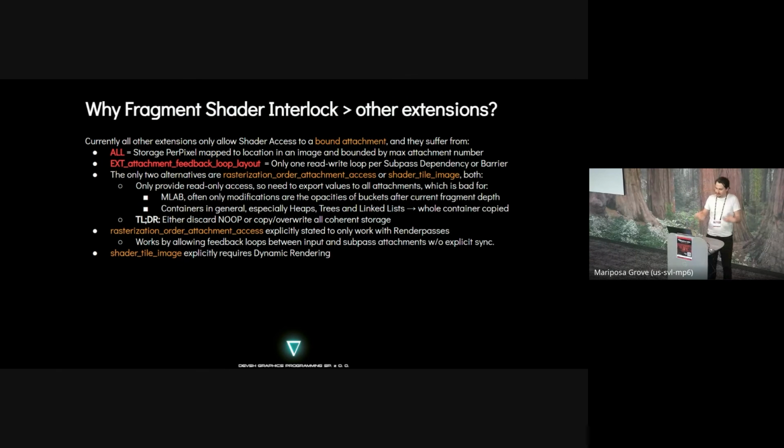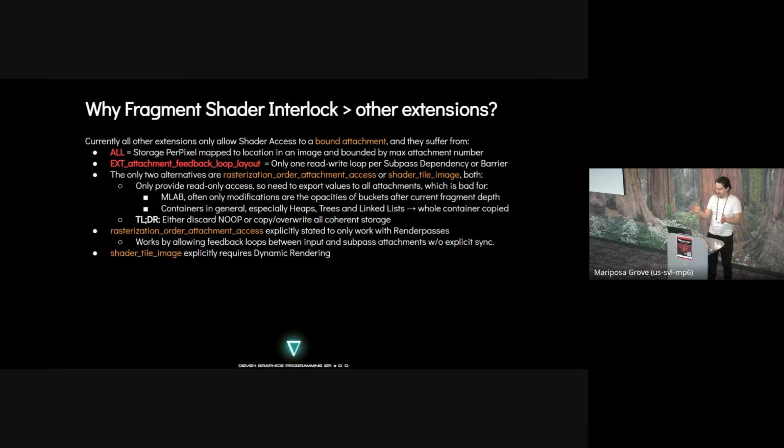So why is fragment shader interlock much better than other extensions? Well, for this particular case. Currently, all other extensions allow shader access to a bound attachment, right? And the memory that you can access is assigned to a pixel. It's usually an attachment, and you can have only read-only access.